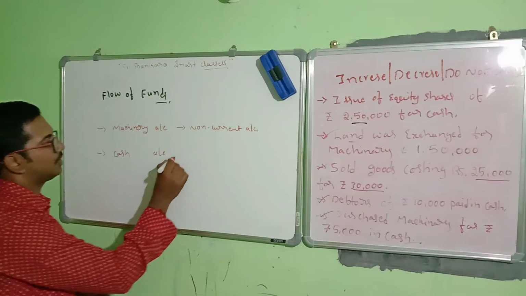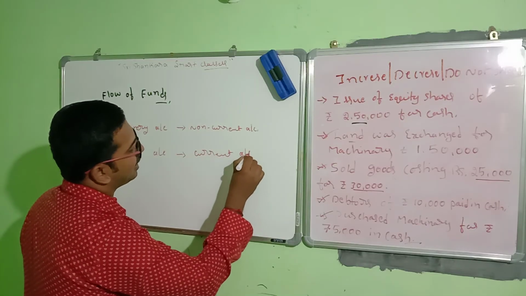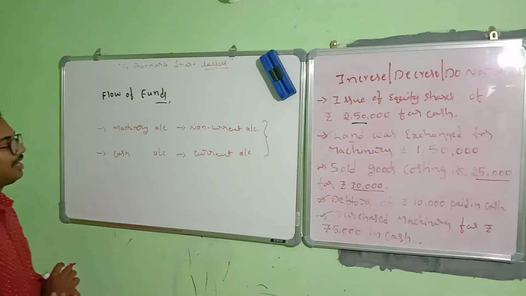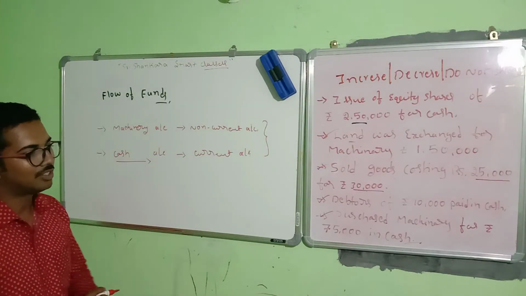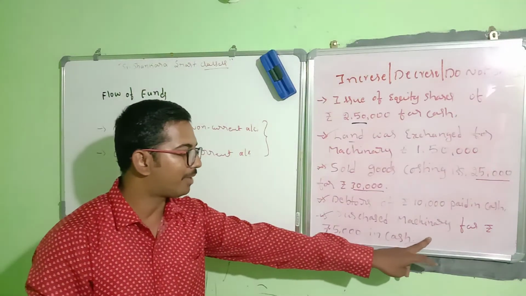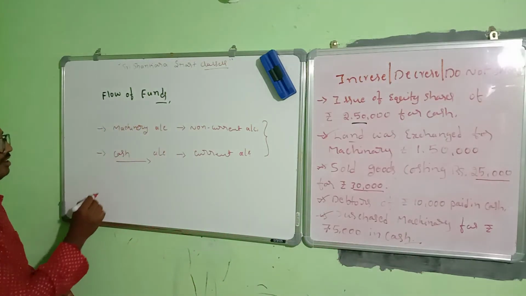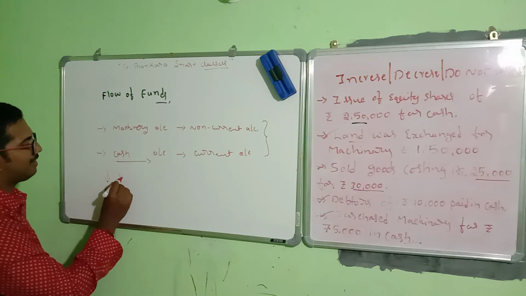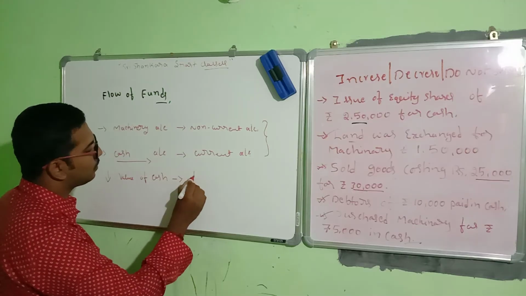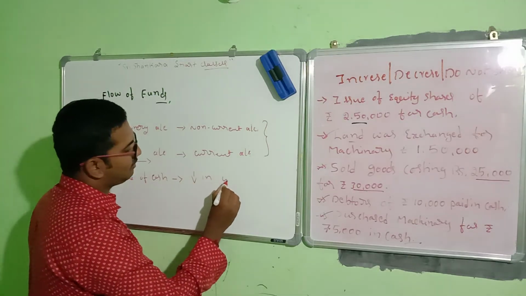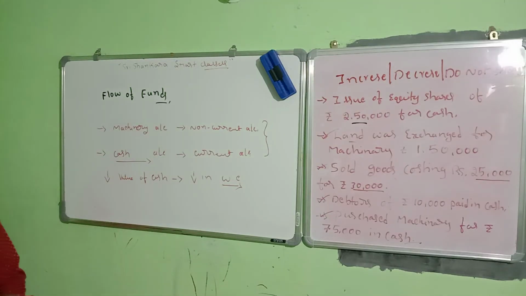And cash is a current asset, so we can call it a current account. Identify the current account, either current asset or current liability. So analyze the transaction now. We purchased the machinery, so machinery is coming in and cash is going out. It decreases the value of cash. A decrease in current assets leads to a decrease in working capital.